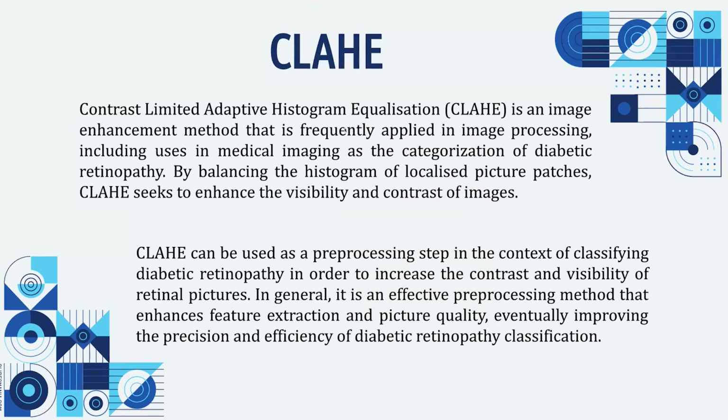Now, adaptive histogram equalization over amplifies the noise in relation to the homogeneous regions of the image. Hence, we come across contrast limited adaptive histogram equalization, which is CLAHE, which limits the contrast amplification to reduce the noise amplification. Thus, it performs histogram equalization in small patches with high accuracy and contrast limiting.